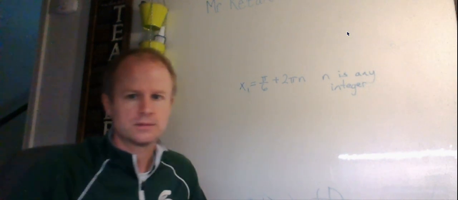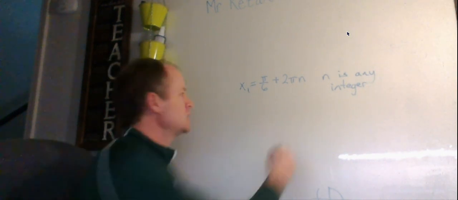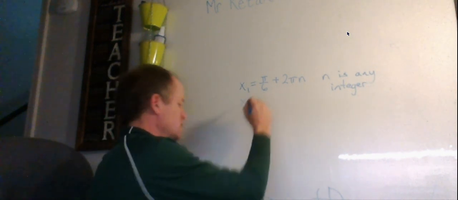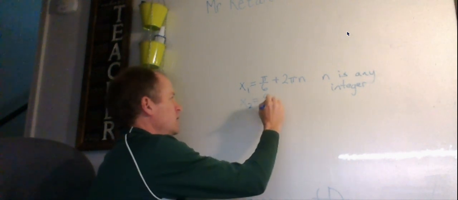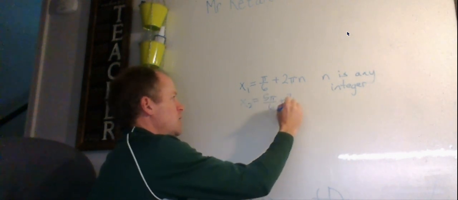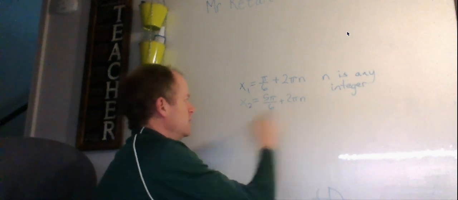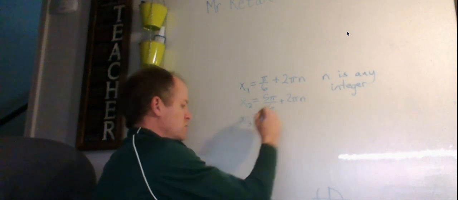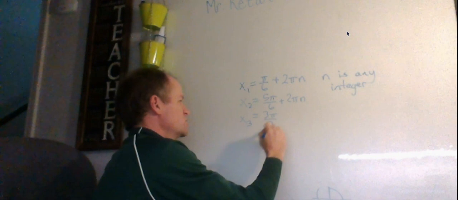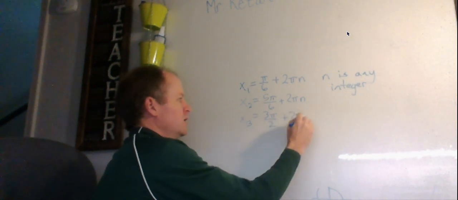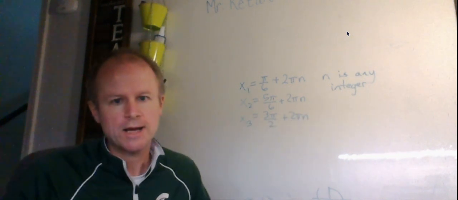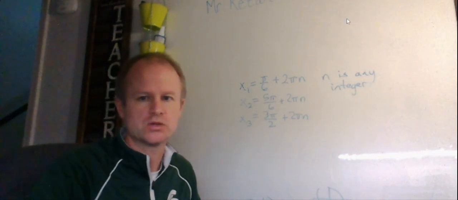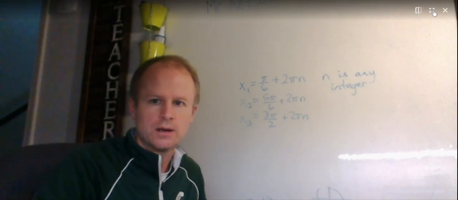We could do that with each of those solutions. Our second solution is 5 pi over 6 plus 2 pi n, and the third one is 3 pi over 2 plus 2 pi n. All you do is add 2 pi n to the end of whatever solution you just got. All right?